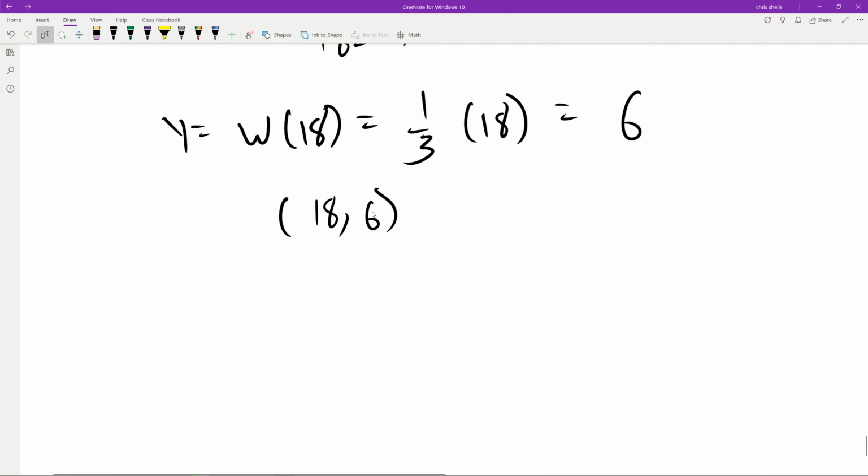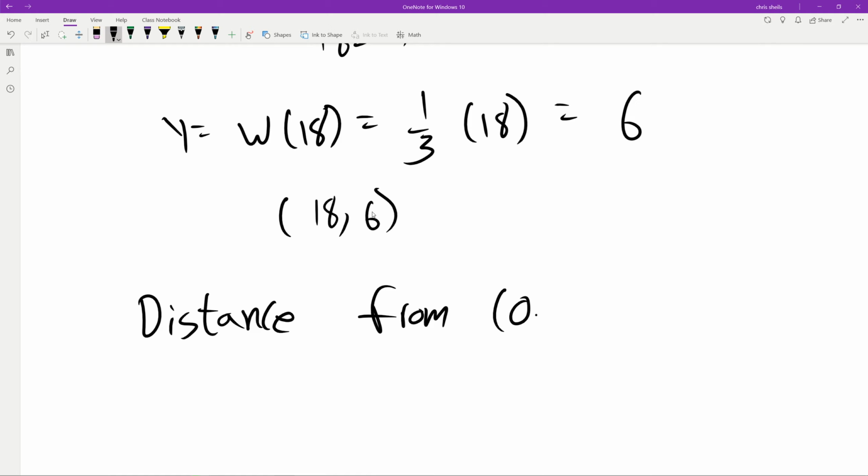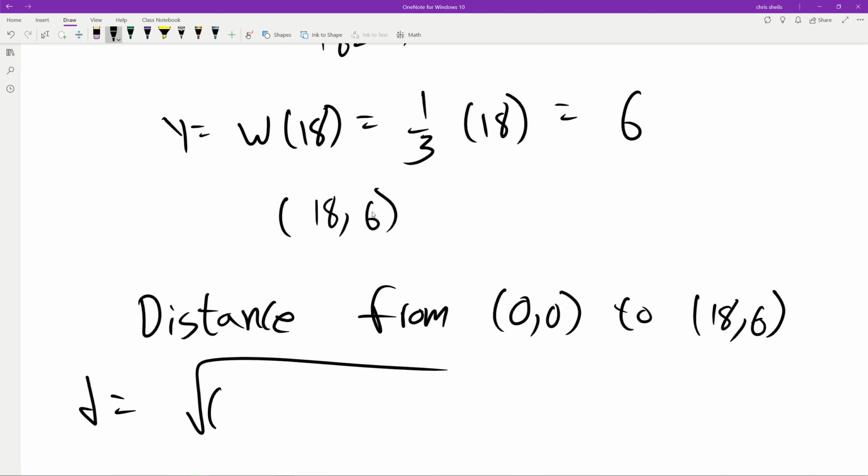Now I want to find the distance from Westboro to this junction. So I want to find the distance from (0, 0) to (18, 6). So my distance formula here, let's see, square root of (18 minus 0) squared plus (6 minus 0) squared.